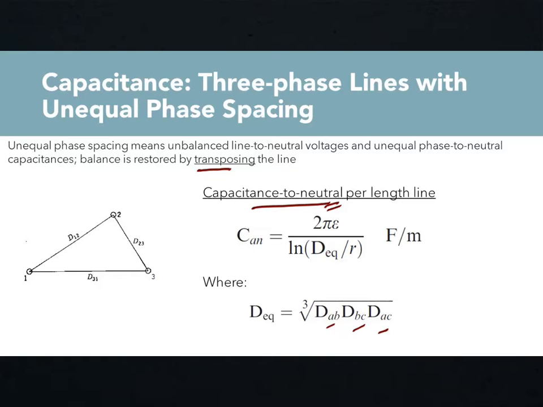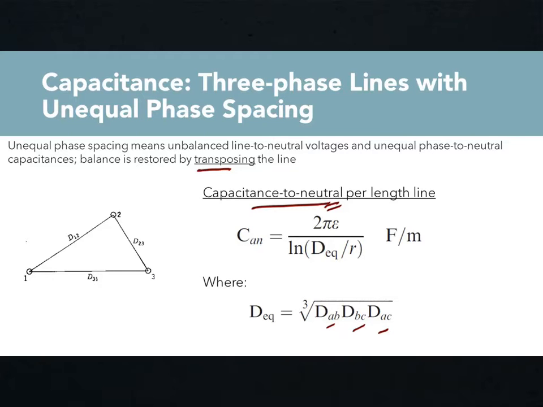Actually, if this were equal phase spacing, the same thing would happen because DAB is equal to DBC equal to DAC. So the cube root of D cubed will be D, di ba? That's the only thing we need to consider here.